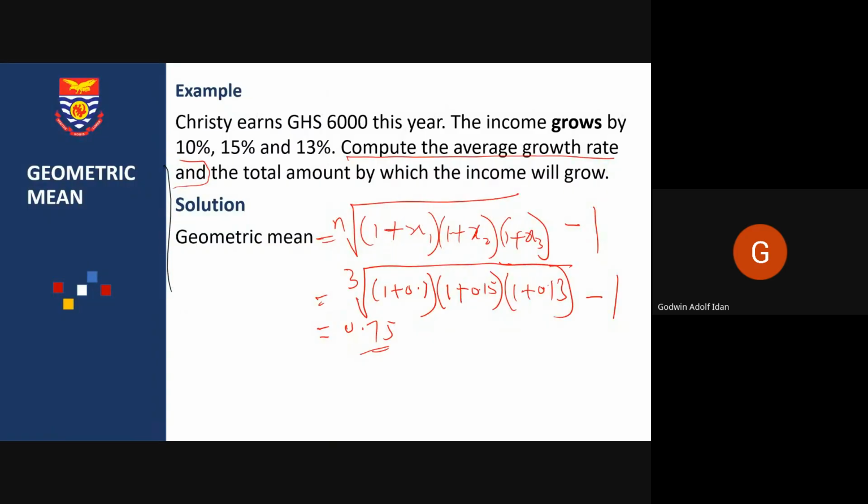Any other? So here, how you punch the calculator is very key. Any other? Let's try it again and see.